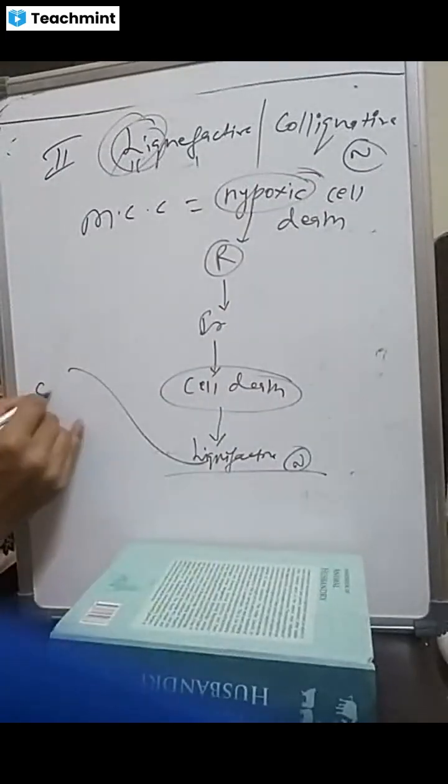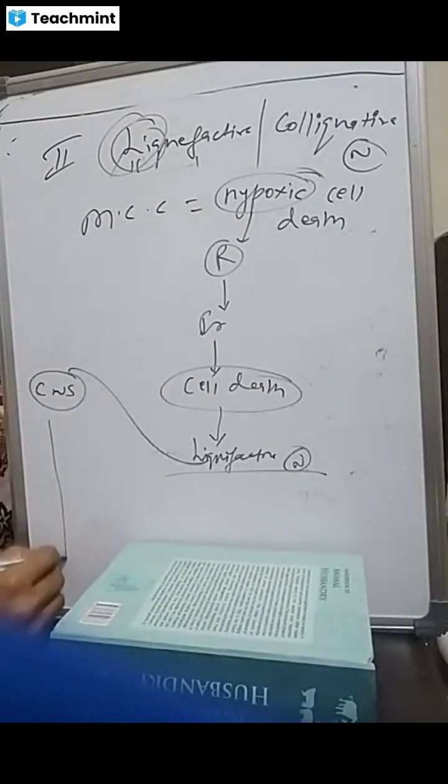When it occurs in the CNS, there is no collagen, so no stromal support.